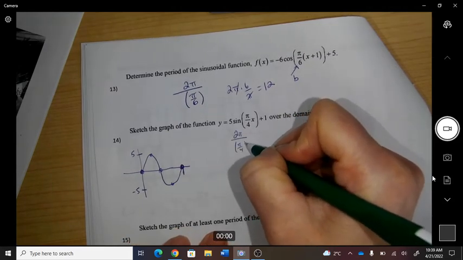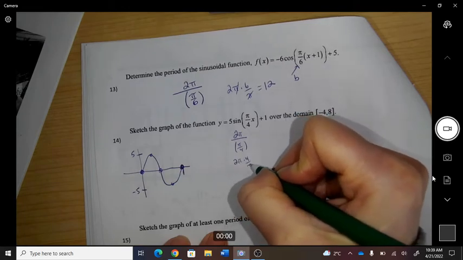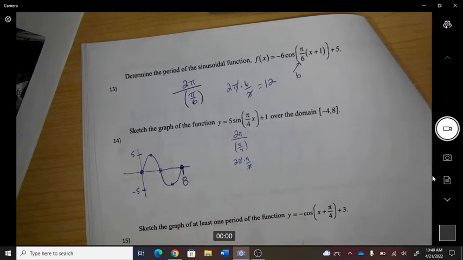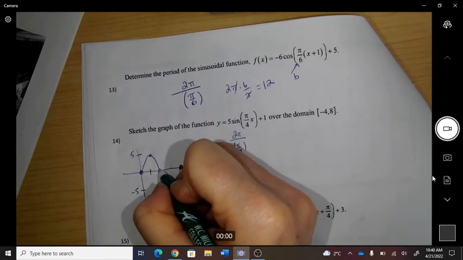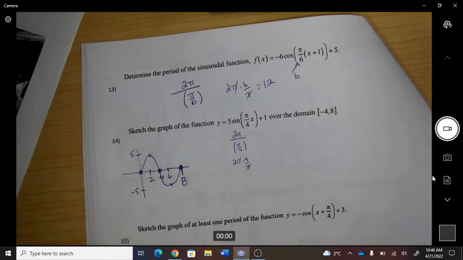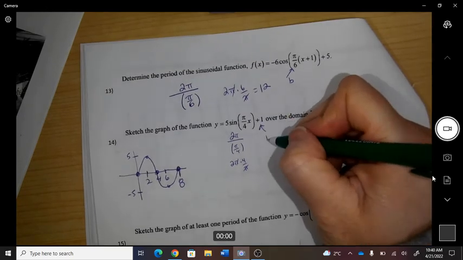But I'm going to divide it by b, which means times and flip, which makes that an 8. Now I'm going to give myself more x values here: 2, 4, 6, 8 are the x values. And now the last piece is to go up 1.